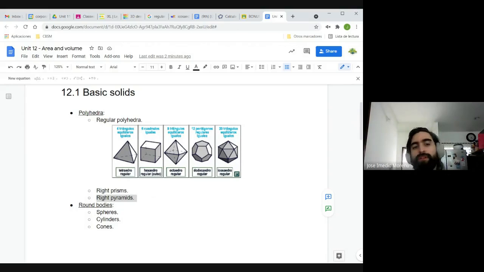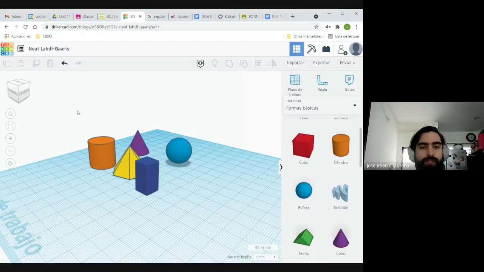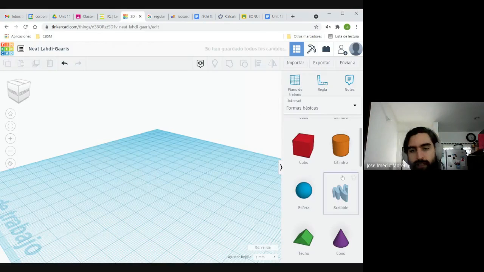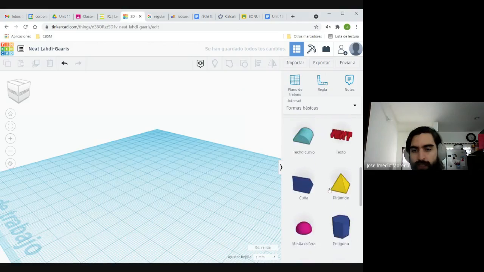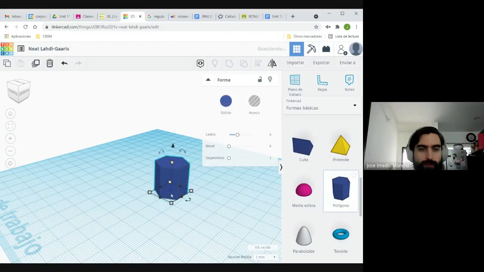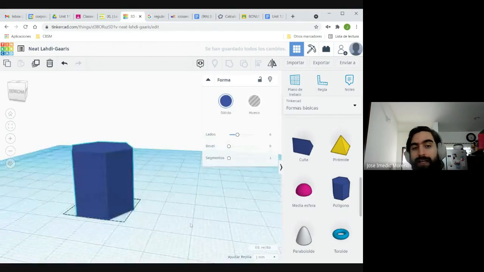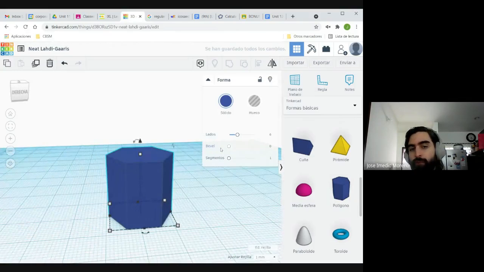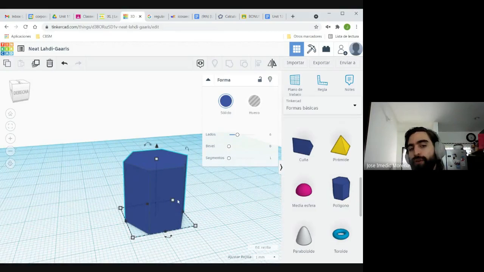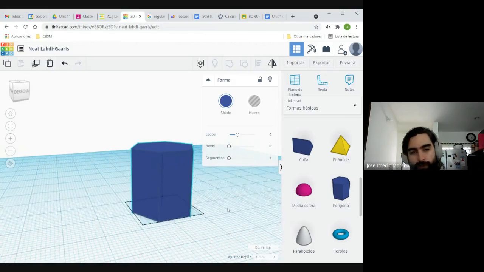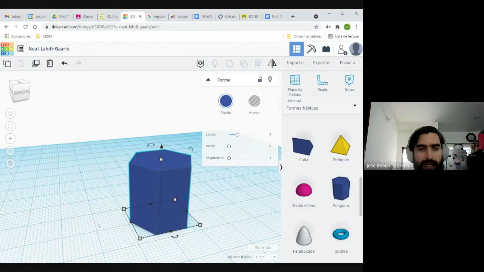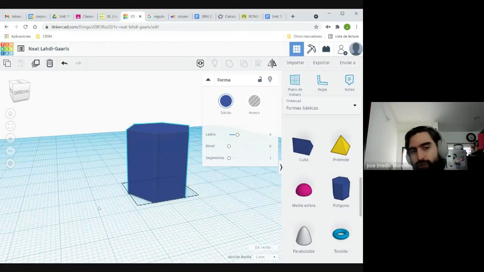And then we have prisms. Prisms are also a very common shape, but I cannot call this a regular polyhedron because not all the faces are congruent. But for me, it's also a basic solid.